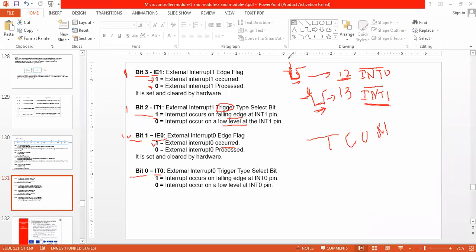If you are going for edge triggering, then IT will be equal to 1. If it is level triggering, then it will be 0. 0 for level triggering, 1 for edge triggering.